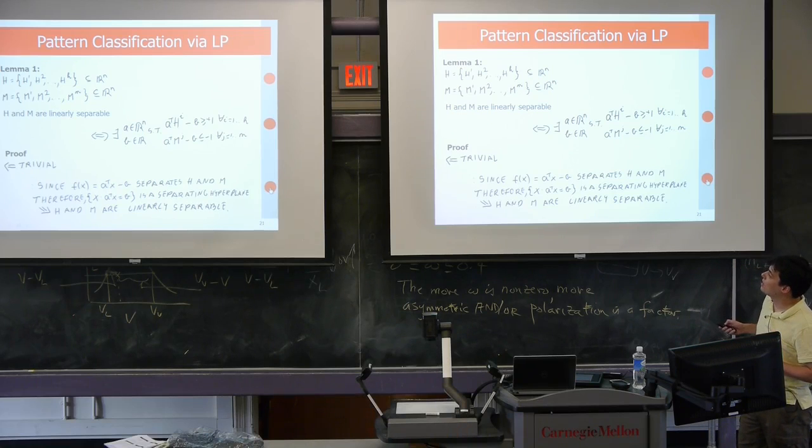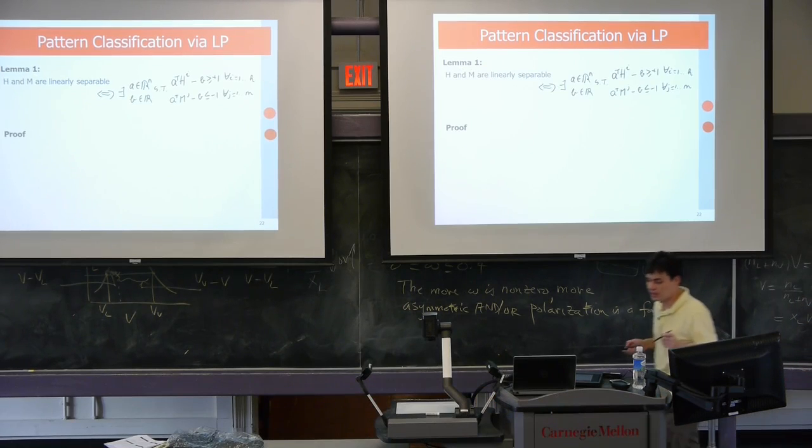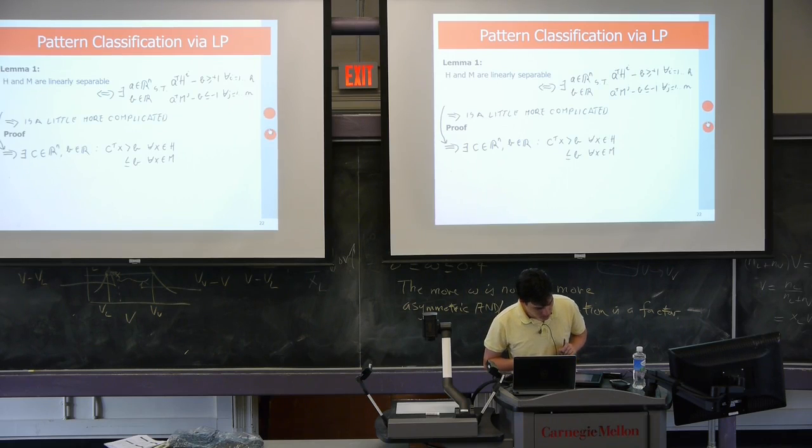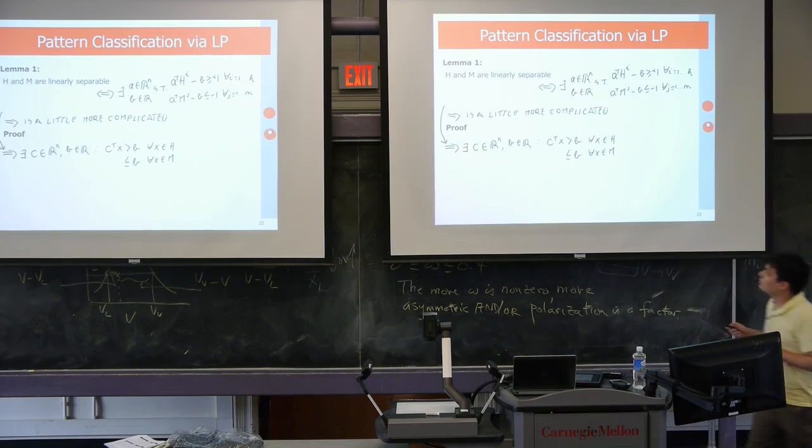One part was trivial, and for the other part we had a constructive proof, namely if H and M are linearly separable, then we know that there exists a C and B with these properties, and from this C and B we wanted to construct an A and another B with these properties as well, right?